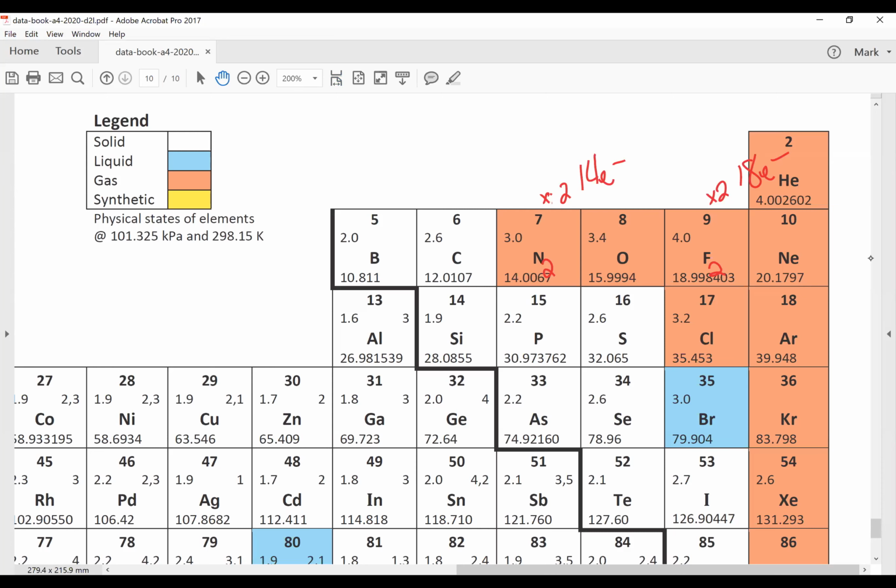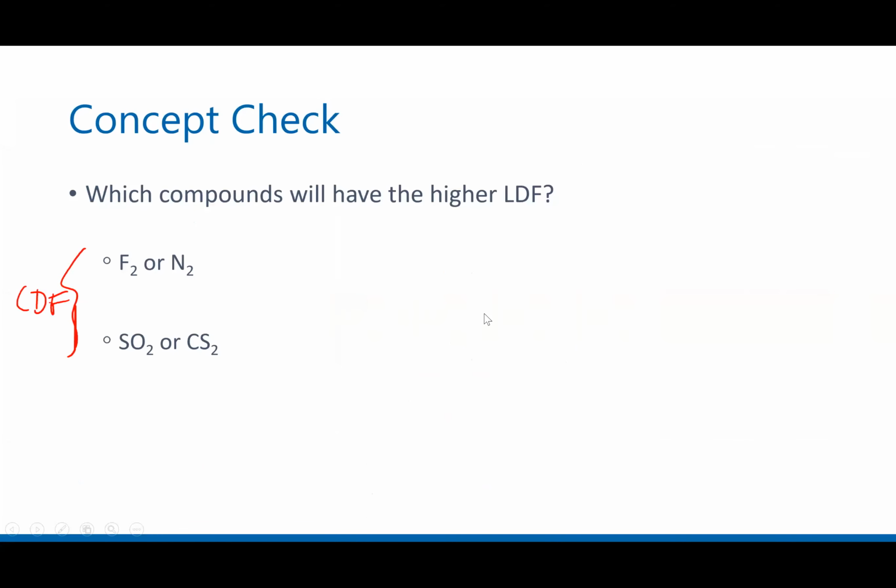So nitrogen N2 would bring together 14 electrons. Fluorine would bring together 18 electrons. So that means, going back to my PowerPoint, fluorine has 18 electrons, nitrogen has 14 electrons, F2 is higher.